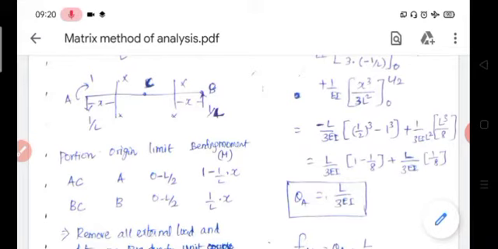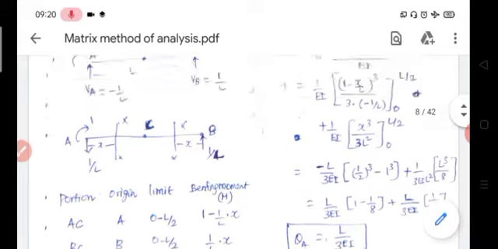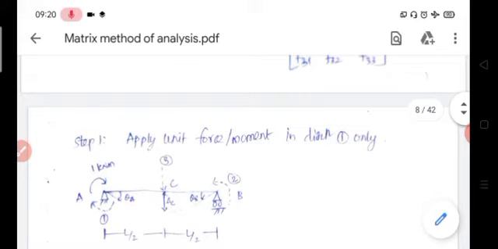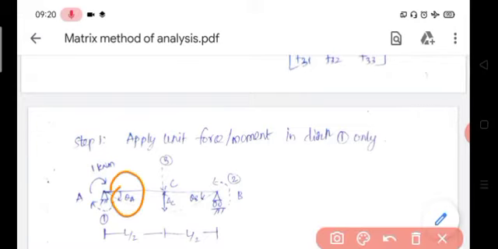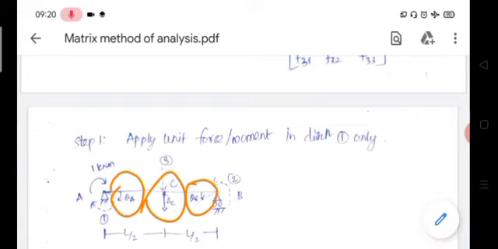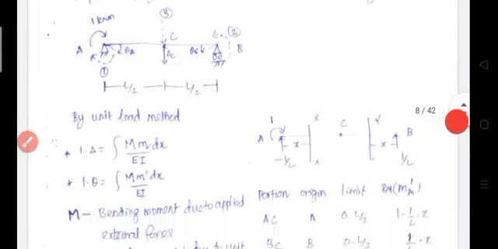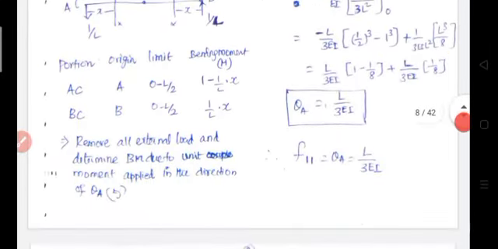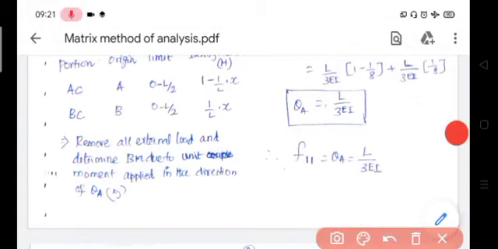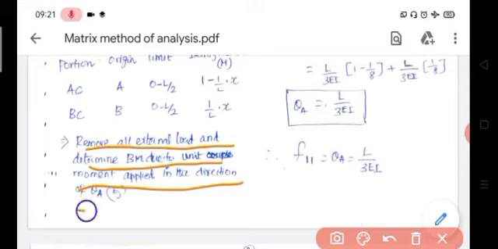Now we are going to determine the rotations: rotation theta A, then theta B and delta C. So first we are going to determine theta A. For this, we have to remove all the external load, and determine the bending moment due to unit moment applied in the direction of theta A. In the unit load approach, if you want to determine the slope, we have to apply a unit moment.